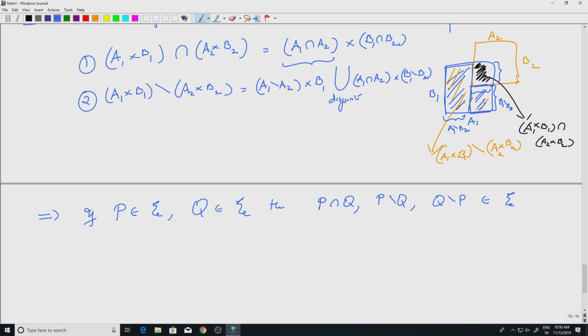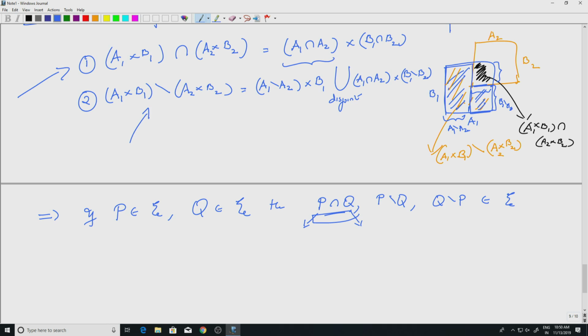Well, let us look at that. So, P intersection Q, what is P intersection Q? P is a finite disjoint union of measurable rectangles, this is a finite union of measurable rectangles. So, you look at the first property we proved, right, it is intersection of measurable rectangles will give me another measurable rectangle. So, because of disjointness this will be a finite disjoint union of measurable rectangles. So, P intersection Q will be in E. Similarly, P minus Q, use the second property, right.